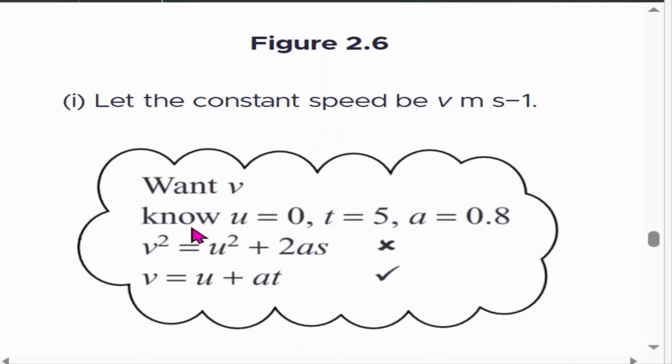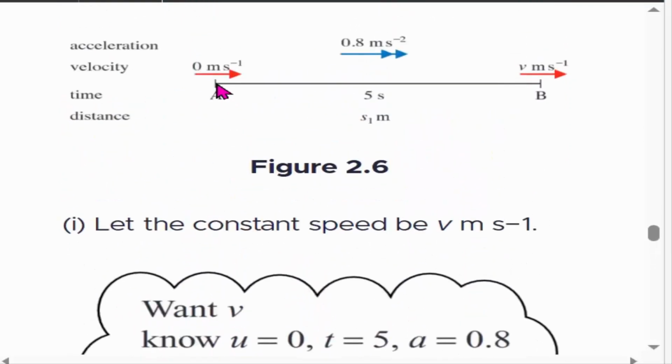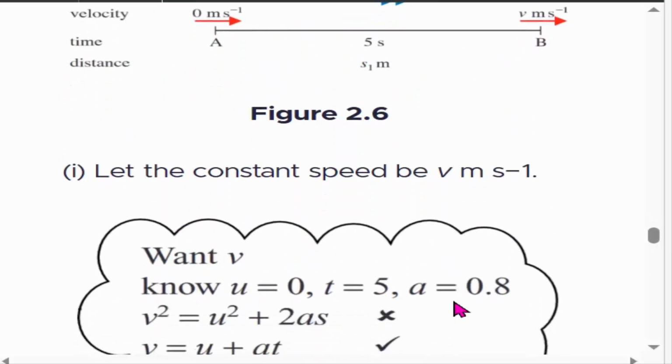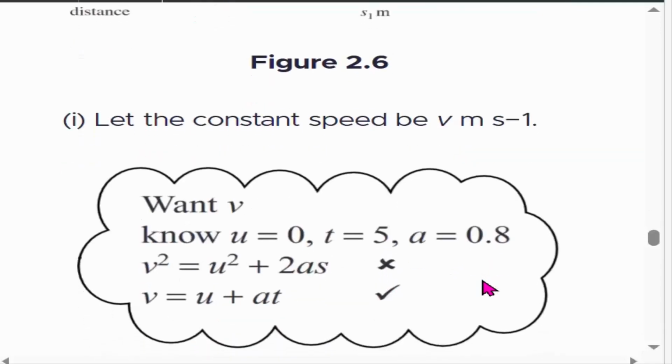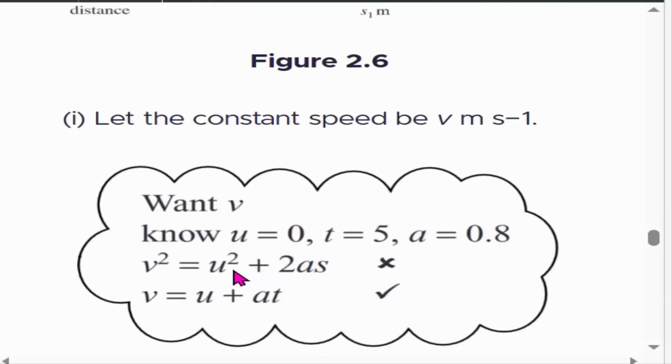What we know is u, that is, it started at 0 velocity, it traveled 5 seconds, and it had an acceleration of 0.8 meters per second squared. So we know the initial velocity, time, and the acceleration, but we don't know the final velocity. We also don't know the distance.